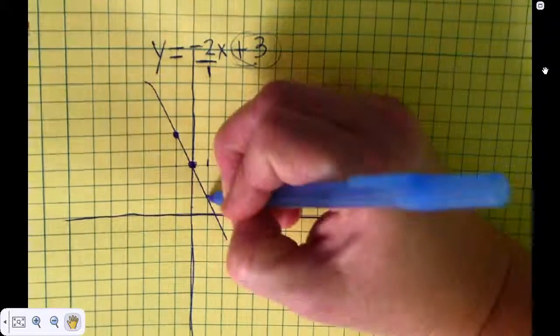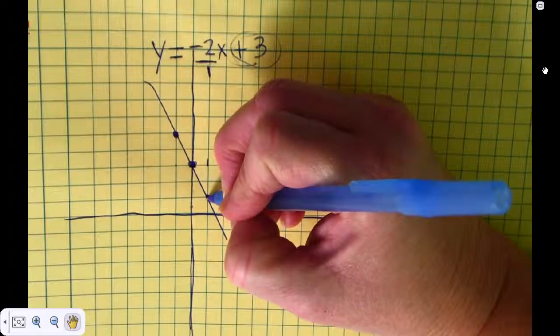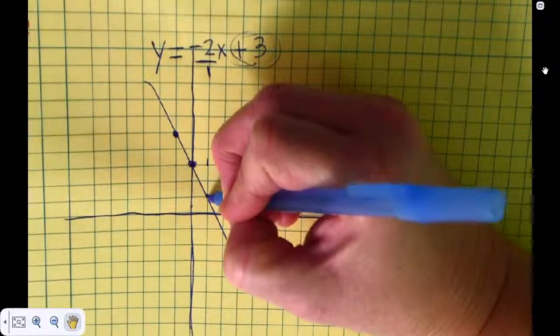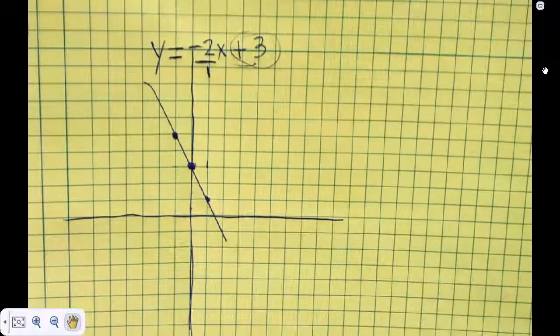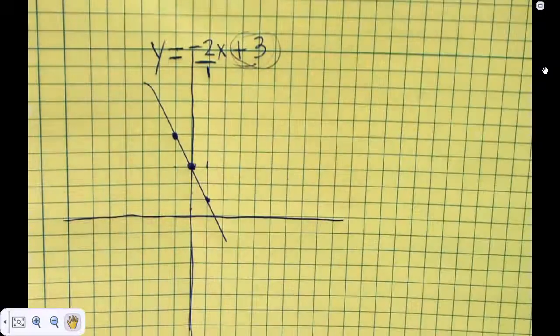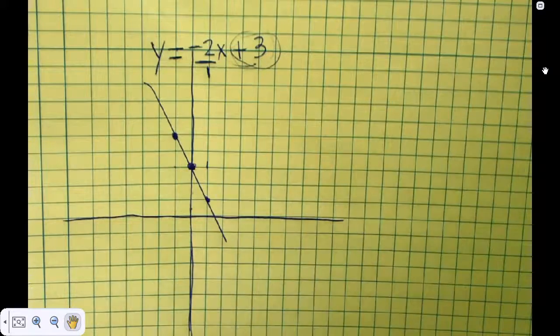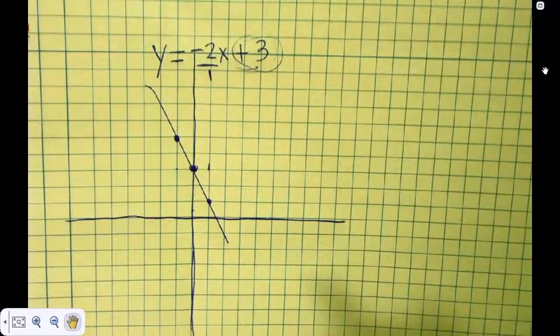You do not need to make a huge dot. You need to make just a teeny tiny dot. And normally I tend to make them bigger just so y'all can see them. But I'll talk about it again when we start doing paper.